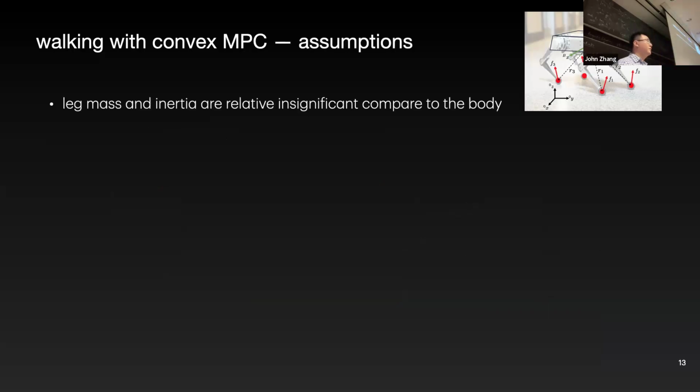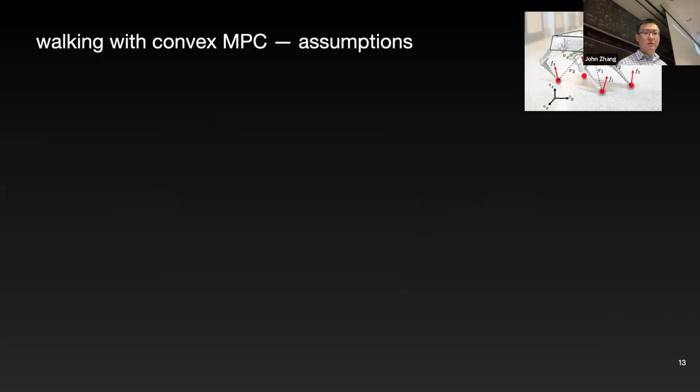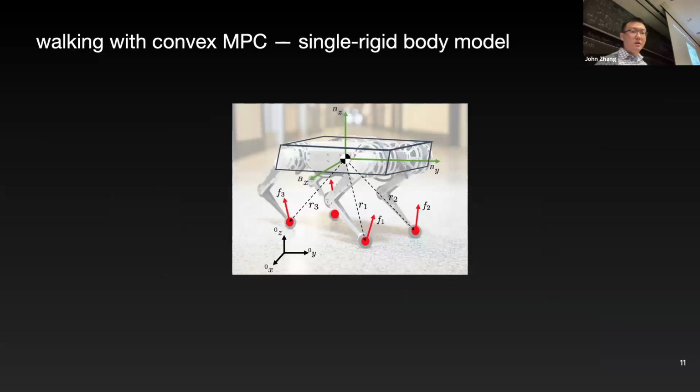So the assumptions for this convex MPC paradigm, yeah. How many contact modes are there typically? So you have 4 contact points, let's say on the feet. At any given time step you're optimizing into the future, each of them can either be in contact or not in contact.